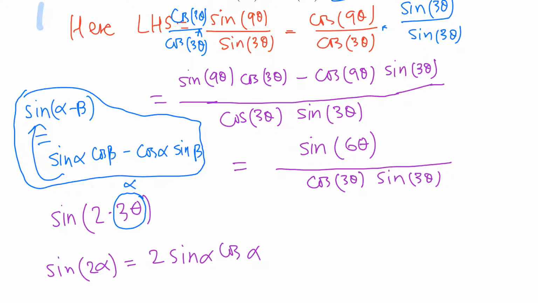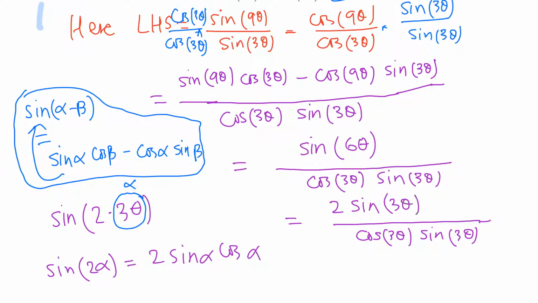Let me write over here. There is nothing on the bottom, no changes: cosine 3 theta, sine 3 theta. This was the common denominator. On the top, this is sine of 2 times 3 theta, like sine 2 alpha, and using this formula, 2 sine alpha cosine alpha, where alpha is 3 theta: 2 sine 3 theta times cosine 3 theta.